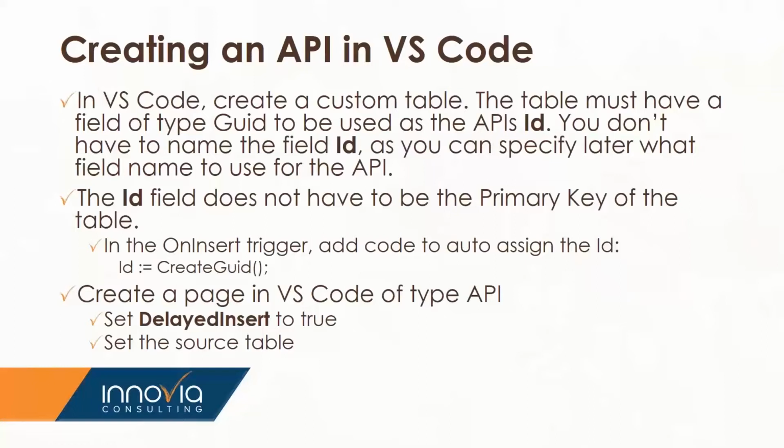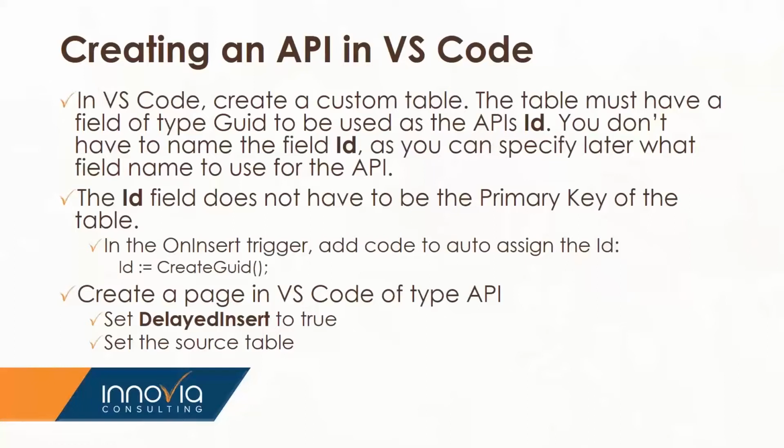Regardless, though, you'll need to do that in VS Code, and the table will have a field of type GUID, and you can name it ID. You can name it what you like. It's probably easiest if you name it ID. It could be system ID. It does not have to be the primary key.